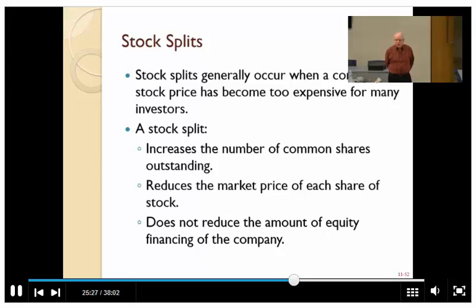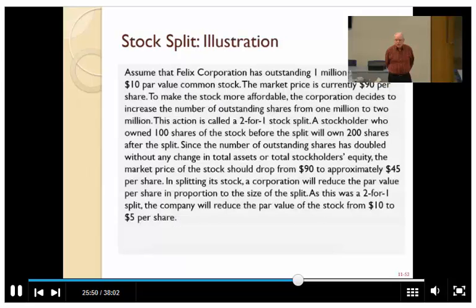And theoretically, if the stock was selling for $400 a share before the split, it would theoretically sell at $200 a share after. And again, the whole idea here is to bring the share price down to a more affordable level. Okay, here's an example, but I'll blow by that.